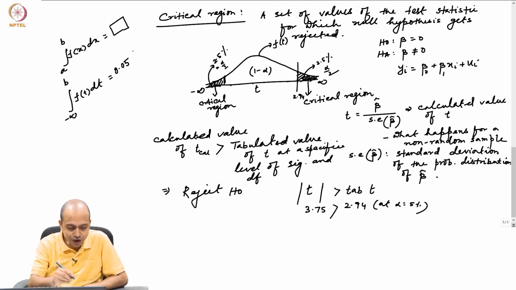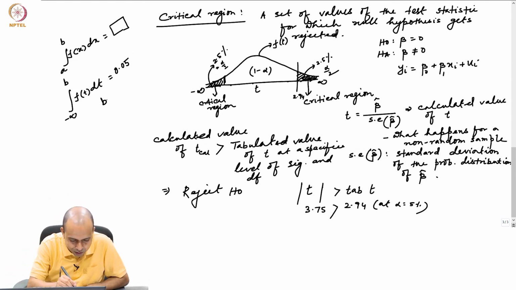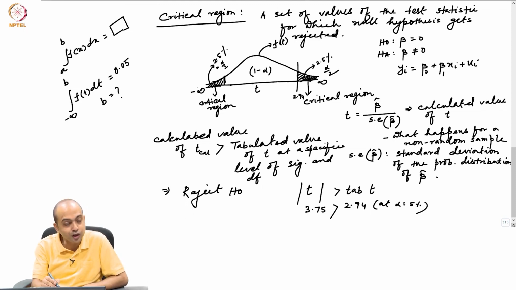So, what do I have to determine here? What is b? You know the lower limit of the integral, and you need to decide the upper limit b, so that this area becomes 5% or 0.05.